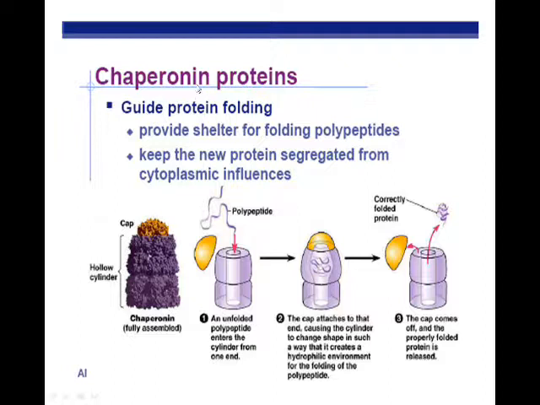Chaperonins are proteins themselves, and they're kind of like little containers. They have a lid, and the protein can go inside this container, and it separates it from those extreme conditions that allow the protein to get refolded back into its original shape, and then release the protein back into the cell.